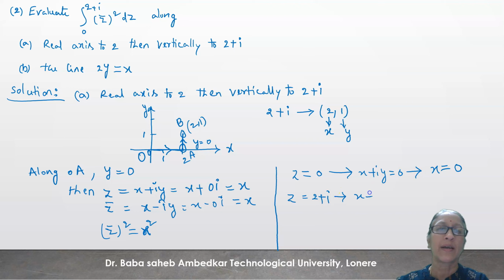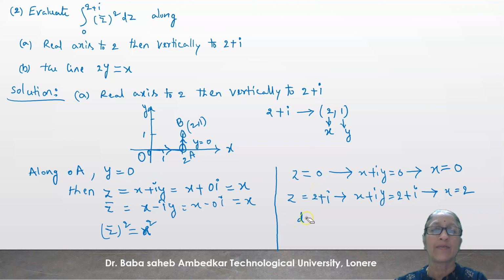Here x plus iy equals 2 plus i implies x equals 2. Real part is 2. So x varies from 0 to 2. Now we have to find dz.